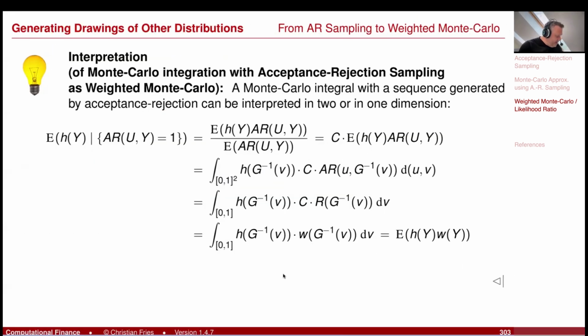Okay, so you see on the left-hand side, I have the two-dimensional integral with your uniform and your y. This here is your acceptance rejection criteria. So you have the expectation of h of y conditional to the acceptance rejection criteria. So this is this indicator function.